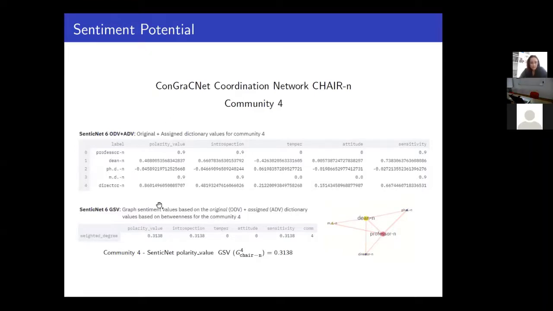The numbers here with 1 decimal are the original values, while the remaining 3 are the assigned dictionary values that we have calculated according to our method. And then they are all used, and according to the graph centrality measures, we come up with the value of this meaning of the word chair. And we do that for each of the communities.